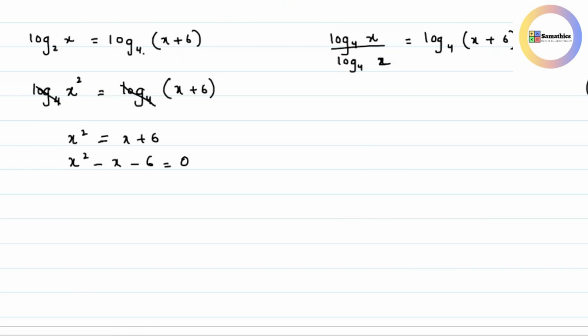You can check from the calculator. Log 4 of 2 will give you 1 upon 2, because when you take the square root of 4, you get 2. So log 4 x upon 1 upon 2, and then that 1 upon 2 is to be multiplied over there.